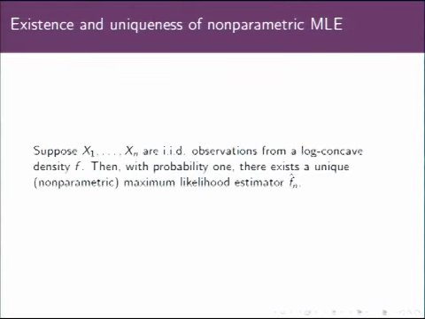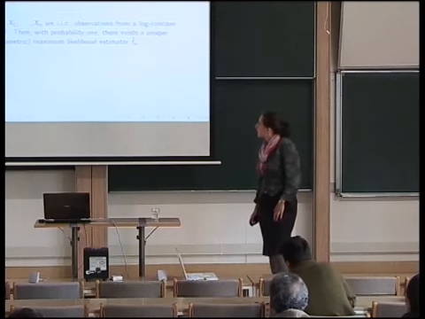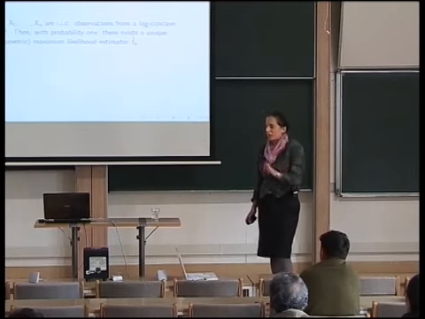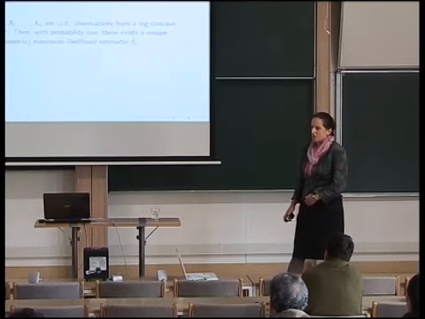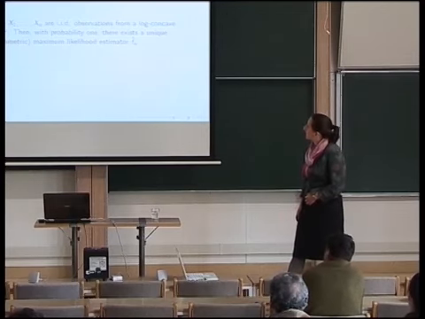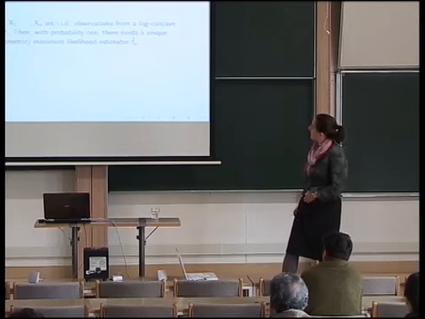I'm going to talk a little bit about how you show this, because this will give us some insight into what the MLE is actually going to look like. And we'll really need that for helping us to compute the maximum likelihood estimator. So I'm going to give a quick outline of how you prove this without too many details, because it's a bit fiddly. But we'll see how we go.